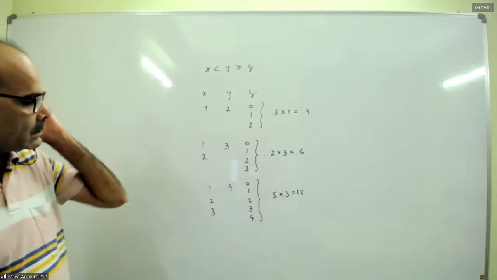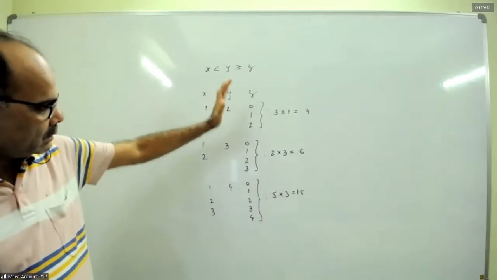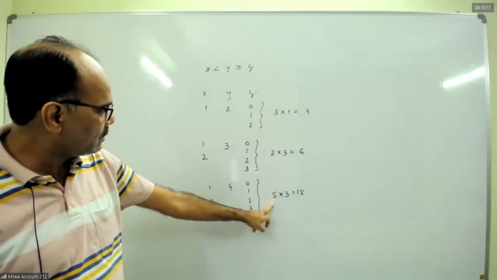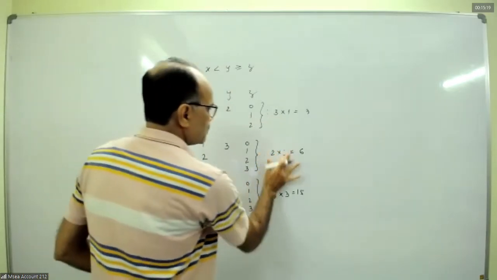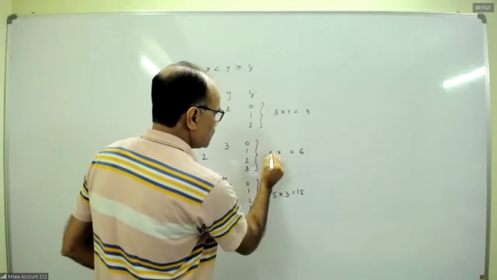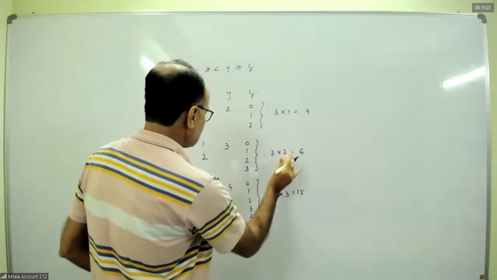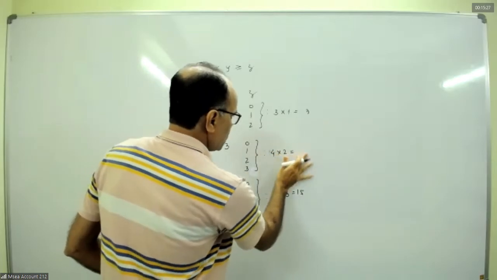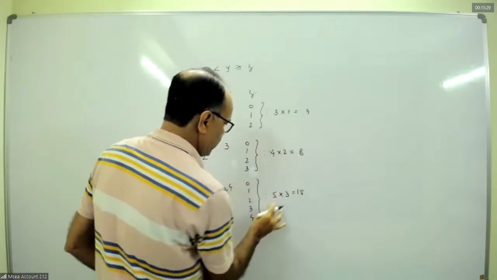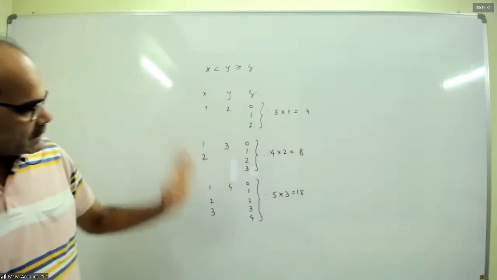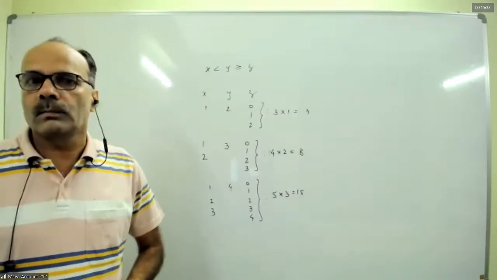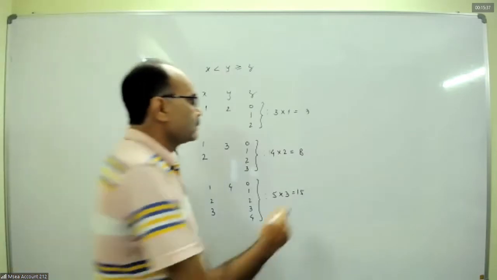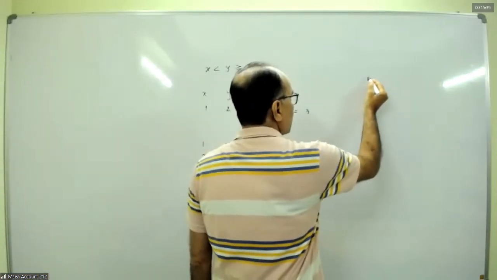So like that, 3 into 1, 2 into 3, then 4 into 2, 8. 5 into 3, 15. Next will be 6 into 4, 7 into 5.